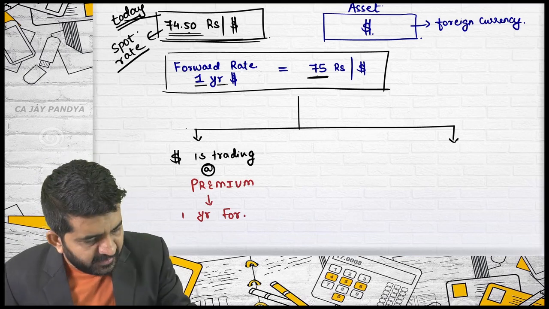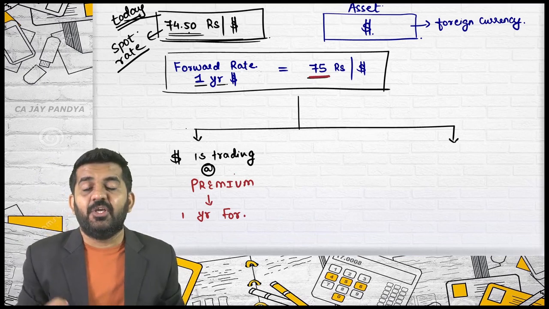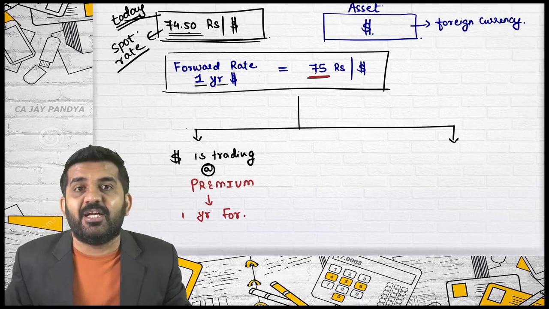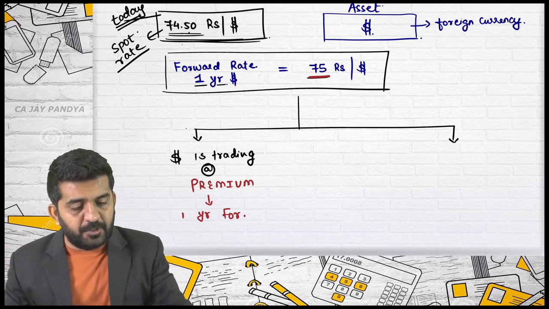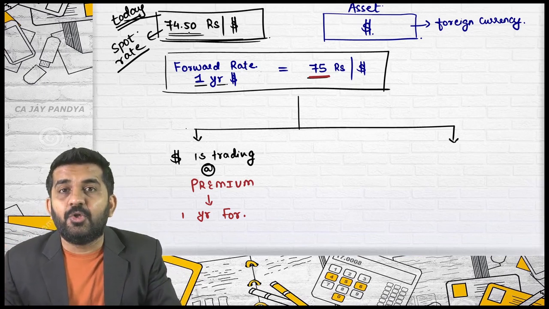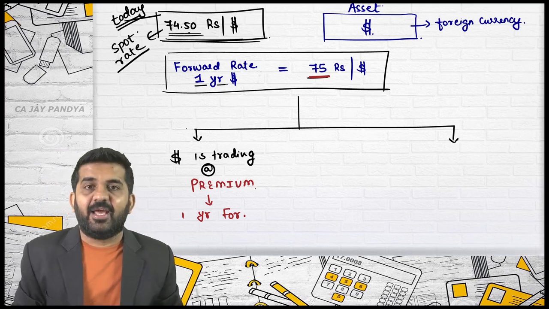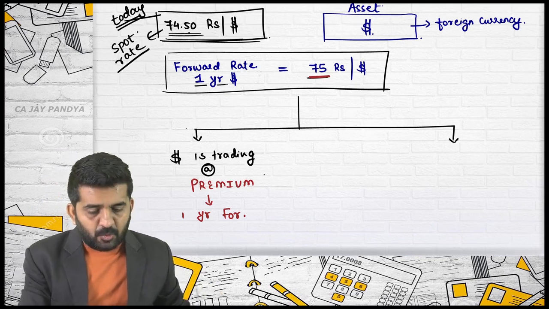Why premium? This rate is higher. If you want to purchase dollar after 1 year, it is available at 75. If you want to purchase a dollar today, it is 74.50. So it is at higher rate. So dollar is trading at premium.